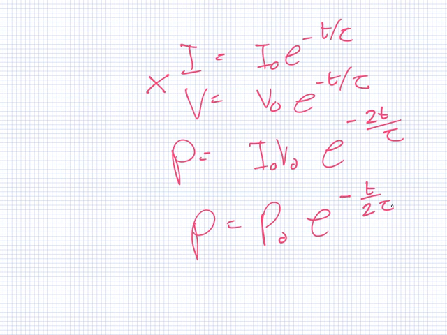You see, I think the power might collapse faster than the I and the V on the graph. Yeah, it will more quickly reach the x-axis on the graph. Because to get the P, I'd have to multiply these two together, and it makes a 2 here.